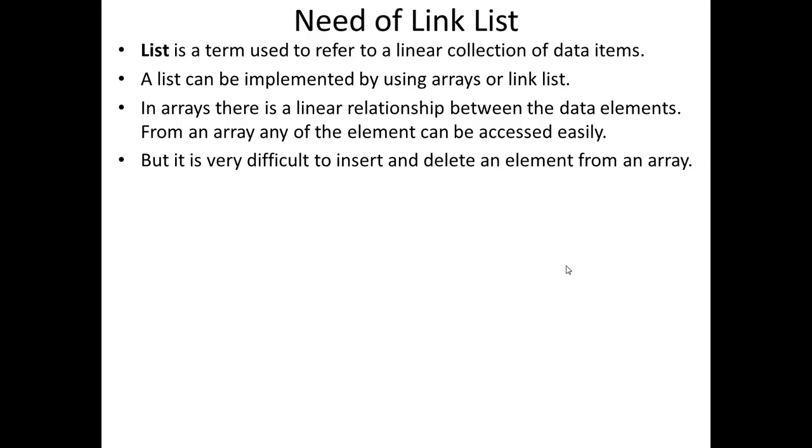Then the data element which already exists at index number 2 should be shifted to index number 3, 3 will be shifted to 4, 4 will be shifted to 5. In this way, each element will be shifted till the last. What is the last element? 1000. So it is very difficult to insert an element. To insert an element, you require shifting 998 elements. The same is the case when you are going to delete an element.